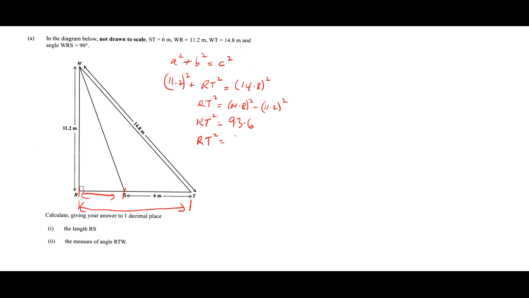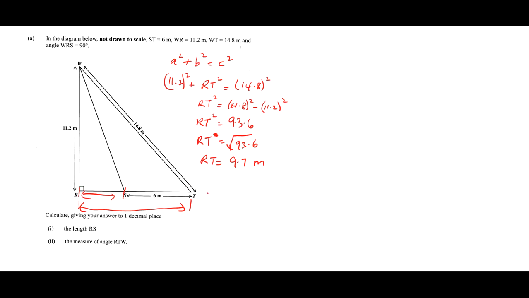So RT will be the square root of 93.6, which is 9.67. But the question was asking for one decimal place, so I can use 9.7 meters. Right, so that is RT, but we want to get RS.